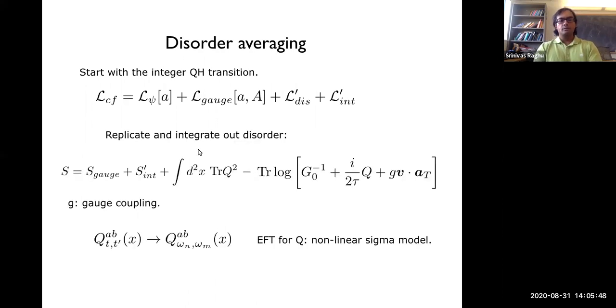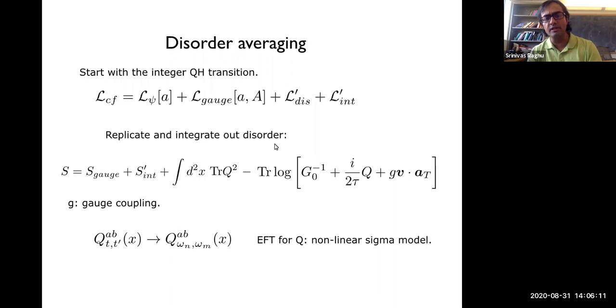So when we do this, we take this theory, the Dirac fermion with gauge fields, disorder, and interactions. We replicate and integrate out the disorder. There's an exact operator identity relating this Lagrangian to this action here. S gauge is the action associated with L gauge. The interactions are the actions associated with L int.